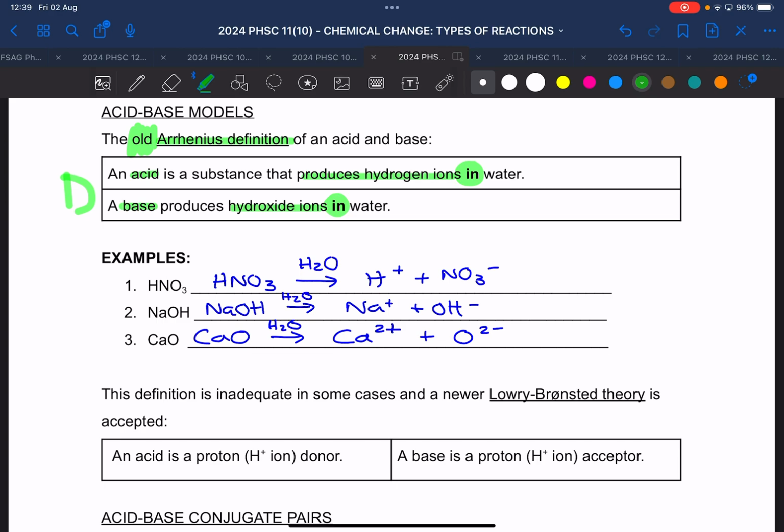So then two people came up with a more adequate definition, and they are called Lowry-Brønsted. Something Lowry, something Brønsted. Okay, so Lowry-Brønsted, the theory for an acid and a base is the following.